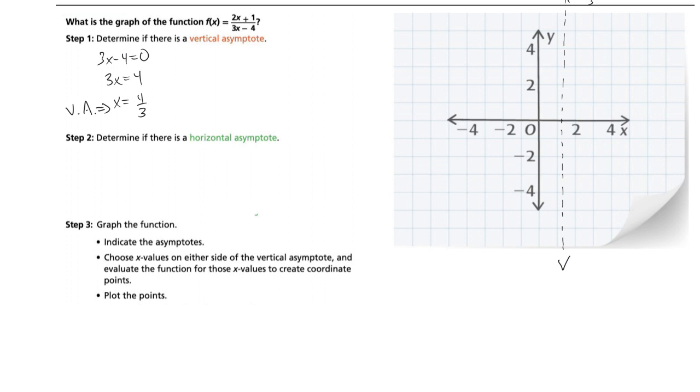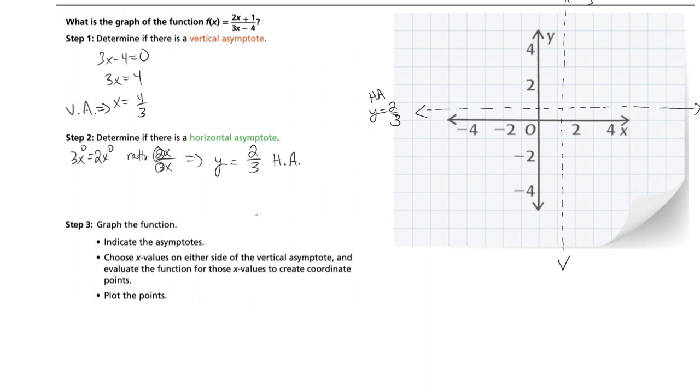The degrees are the same, so it's the ratio of 2x over 3x, so 2 over 3. So y equals 2/3 is our horizontal asymptote. Find y equals 2/3, which is about here. This is our HA, this is our VA.